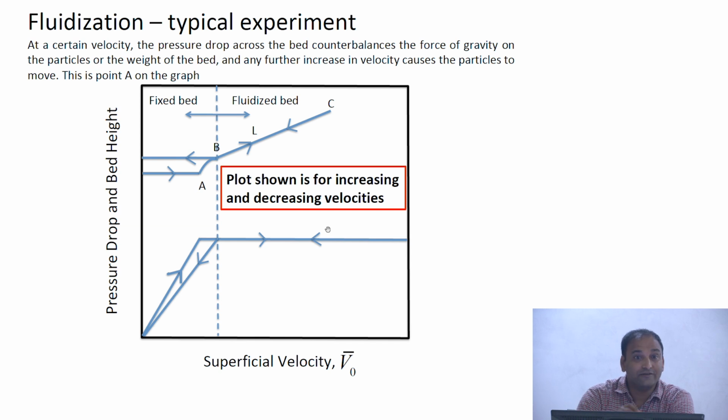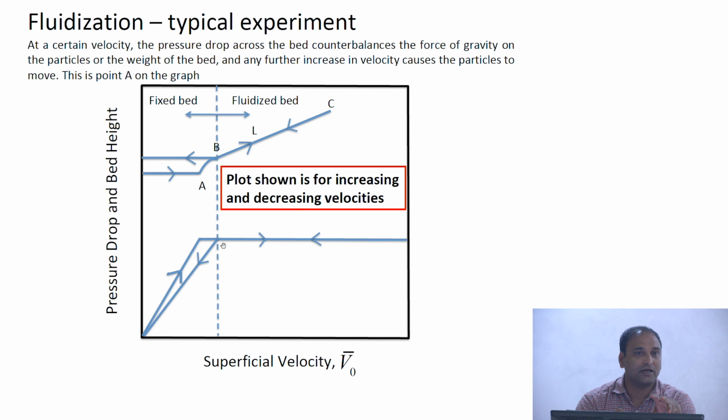However, when you do the reverse cycle, you take it to a fluidized state and then you slowly reduce the flow rate. When you do that, the packing factor or the porosity that you achieve is fairly consistent, no matter what kind of solids you work with.